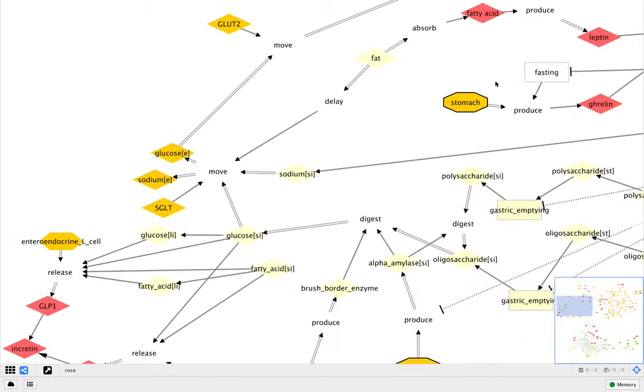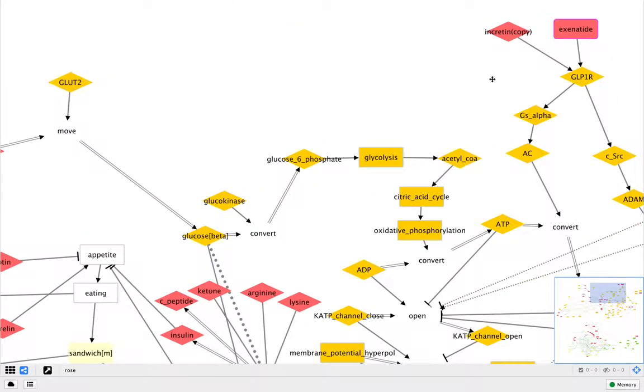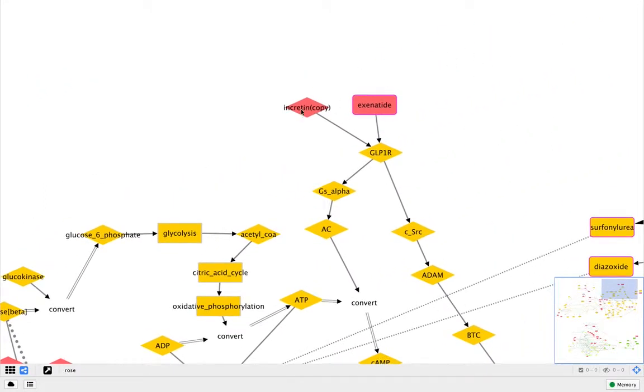Let me move our panel to the right side. Because of the space, I copied the node incretin here. So this is a copied node of incretin because of the problem of space. This incretin moves through the blood vessels, reaches the beta cell and activates the GLP-1 receptor, the glucagon-like peptide 1 receptor.